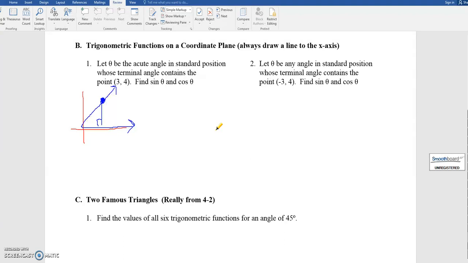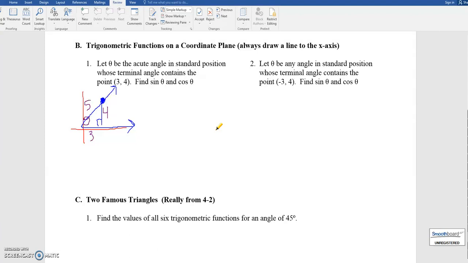Okay, so this point was (3, 4). So that means, switching colors here a second, that this bottom length would be 3. This vertical length would be 4. And if we recognize a 3, 4, 5 right triangle, that means the hypotenuse would have to be 5. So very quickly then, all we need to do is find sine and cosine of that angle. Maybe I should draw that in there too, that the angle is right there.